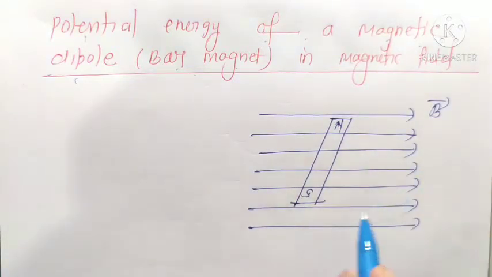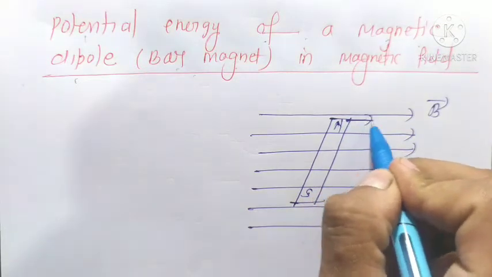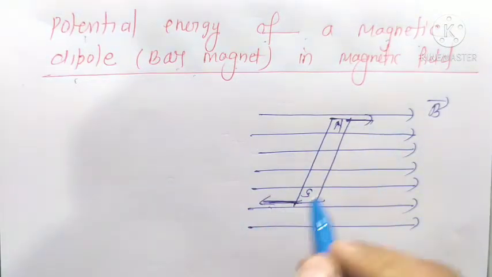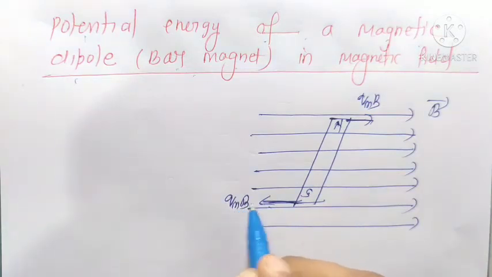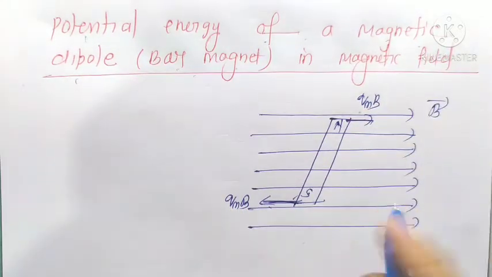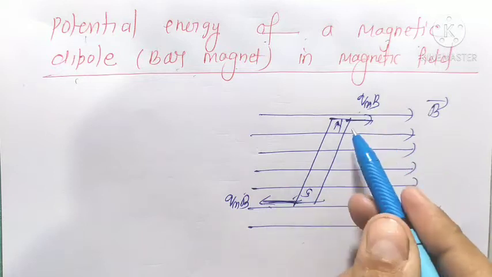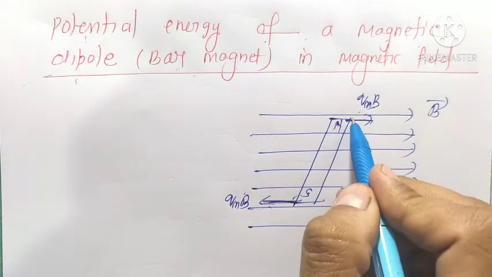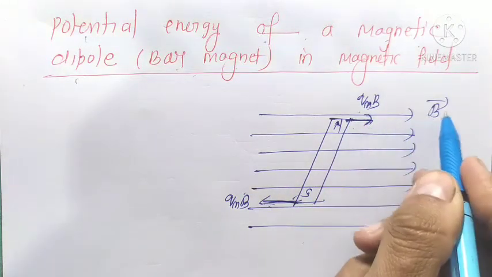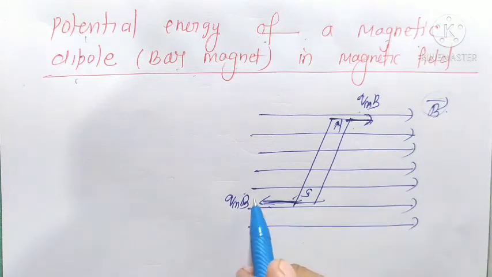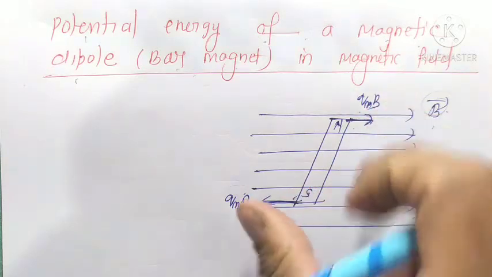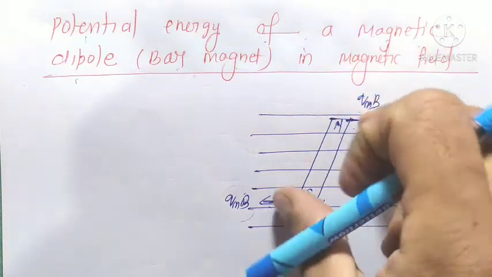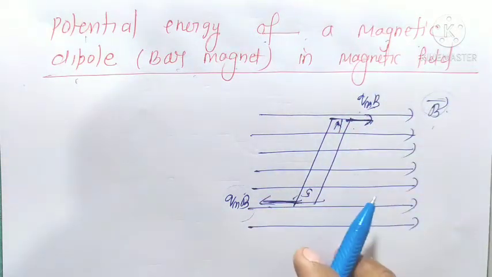Due to the uniform magnetic field, two forces, qmB and qmB, are produced, having equal magnitudes but opposite directions. One force acts along the magnetic field and the other opposite to it, so a couple is produced and the magnet rotates inside the field.